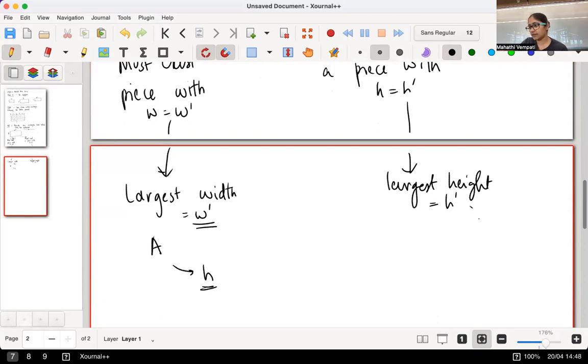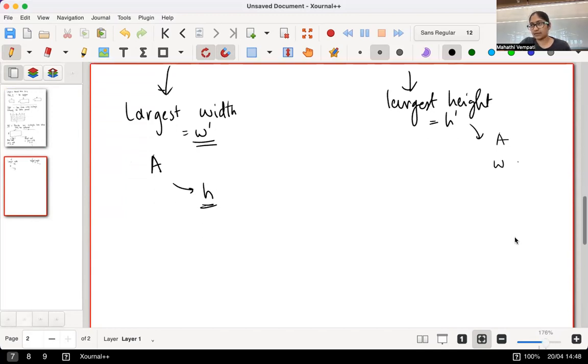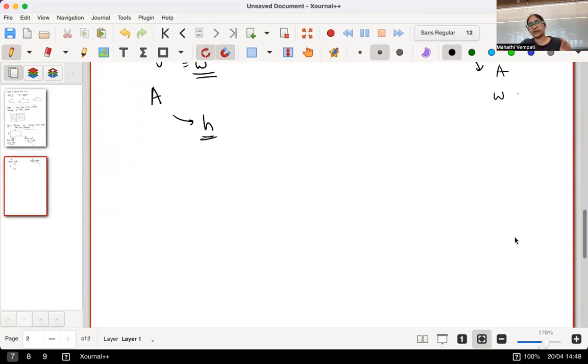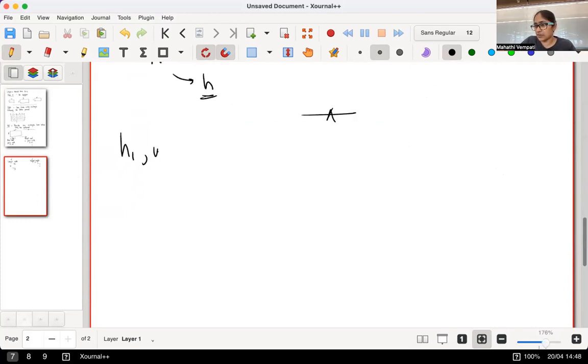Same way in the other case, you know the area and this automatically gives you the width. So really there are only two potential rectangles, because in one case height is fixed, and in the second case width is fixed, but the other element also gets fixed. So you have H1 W1 and H2 W2 as potential rectangles.